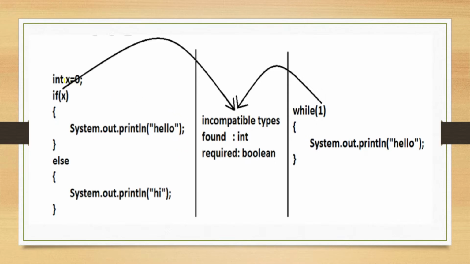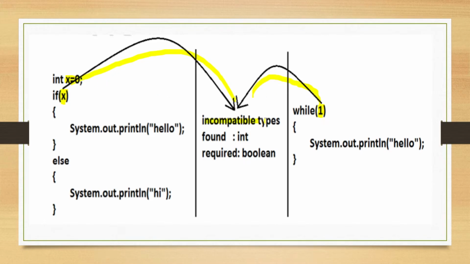And if we are trying to use an integer value as boolean, then we would get an error here. In this example, int x is 0, and if we are trying to make a decision statement, an if, using the value of 0, then we would get an error. Similarly for a while loop, if you are trying to give 1, which would indicate true in C and C++, both of these would result in errors in Java.